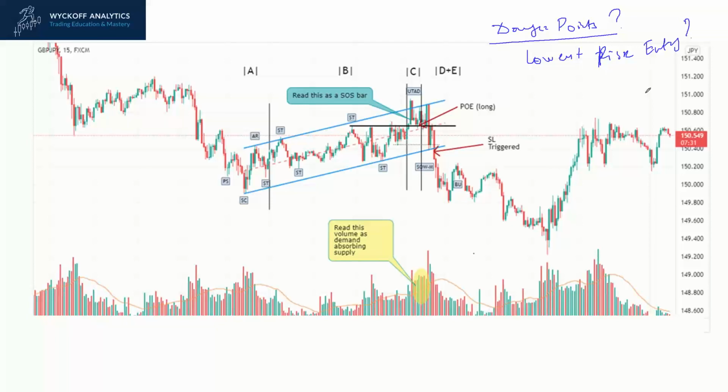Where could we find those lowest risk entries? Unfortunately, all of them, or majority of them, are counterintuitive to what we want to do. Counterintuitive to basically human nature, right? Because as humans, what do we want to do? We want to be safe, right?